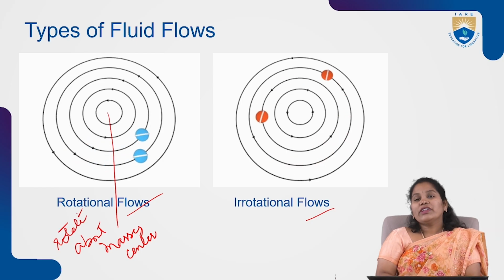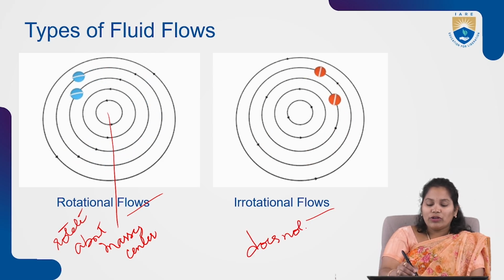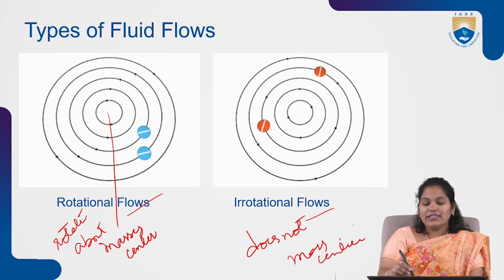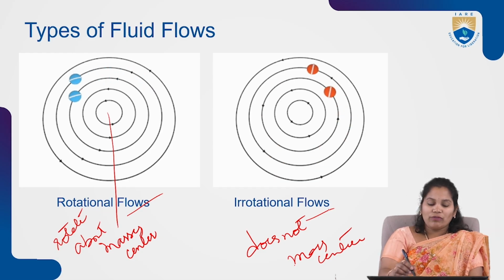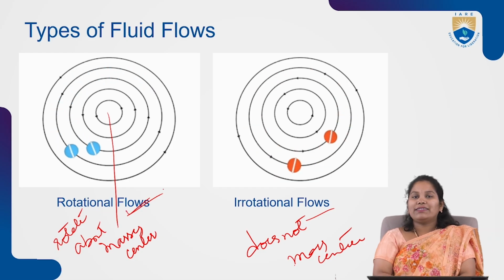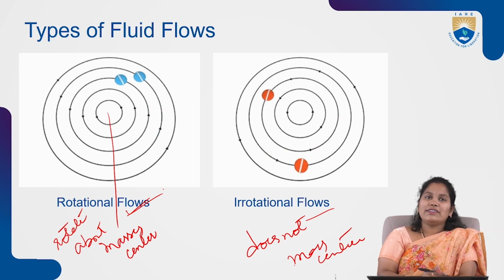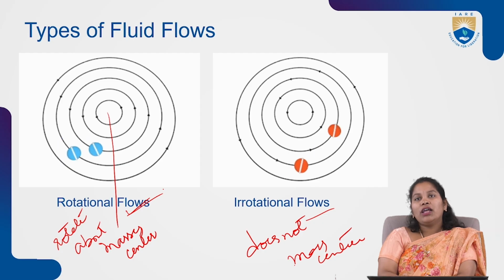But in irrotational flow, the particle does not rotate about its mass center. Rotating about the mass centers is rotational flow. From the image itself, we can see the difference between rotational and irrotational flows.